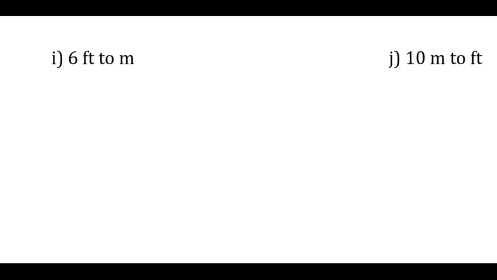6 feet to meters. What's happening in this question? Yeah, it's switching from metric to imperial. And again, today we're just doing one step. These are simple ones, but it will get trickier.